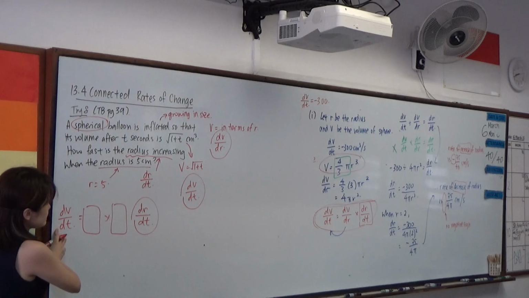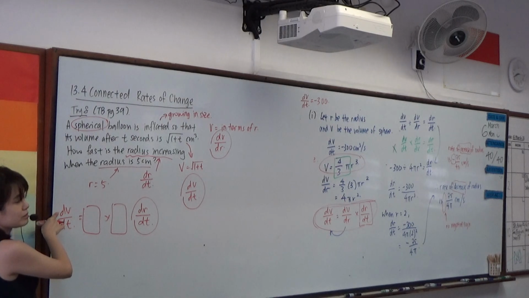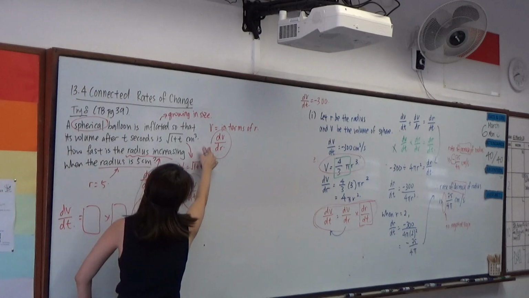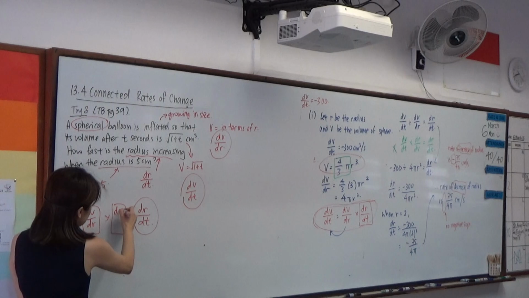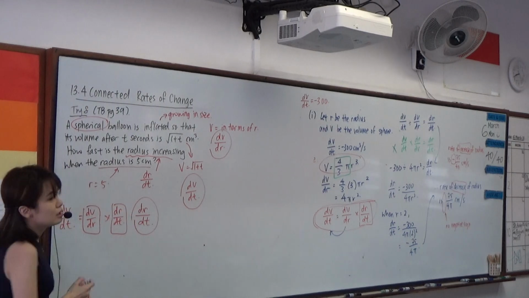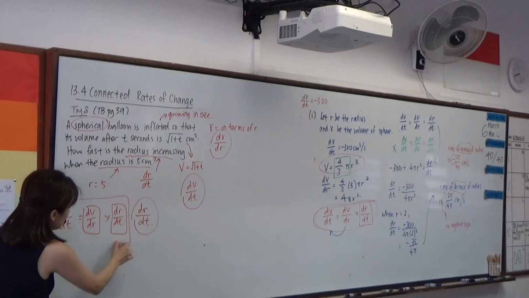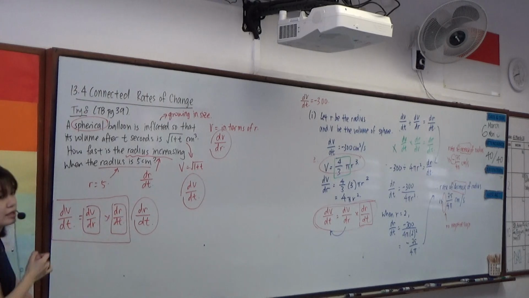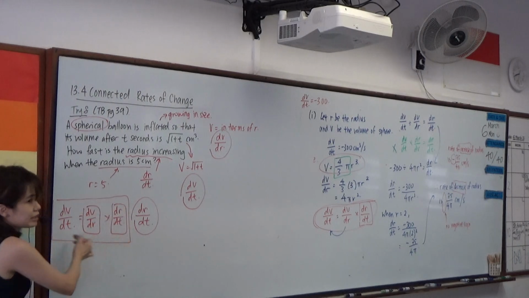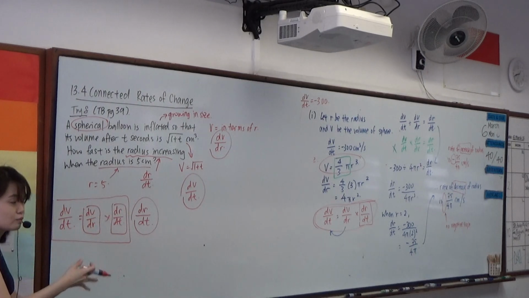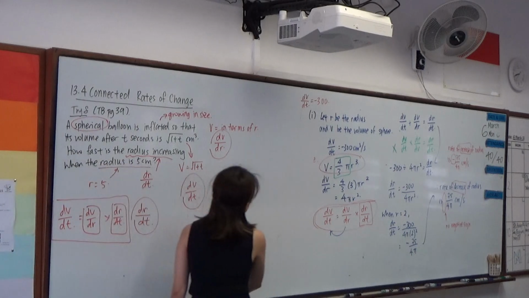With dv over dt, we have the numerator to be dv, and therefore dv over dr can fit inside here, and then we have our dr over dt. So our chain rule, we will be relying on this equation itself. You need to figure out what is the chain rule application before we proceed with all the processes.